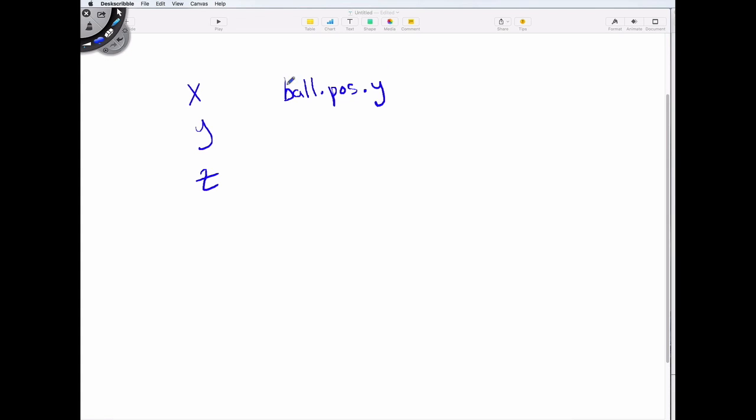So we can say the ball, which is our object in question, the position is the vector, and then we can pull out just the y dimension, and then we check to make sure that that was less than the floor's y dimension. So we typically think of vectors as x, y, z quantities, and we can draw those in 3 dimensions. Now, once you have a vector, there's a bunch of things you can do with it. You can add and subtract vectors.